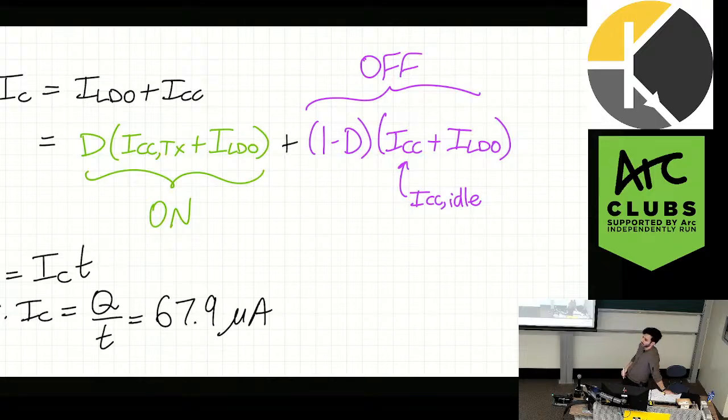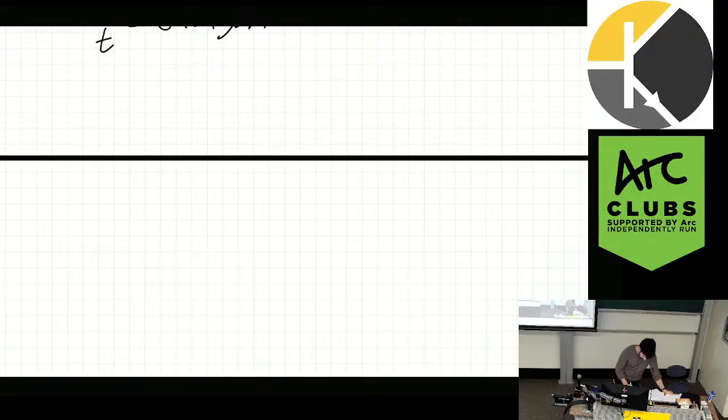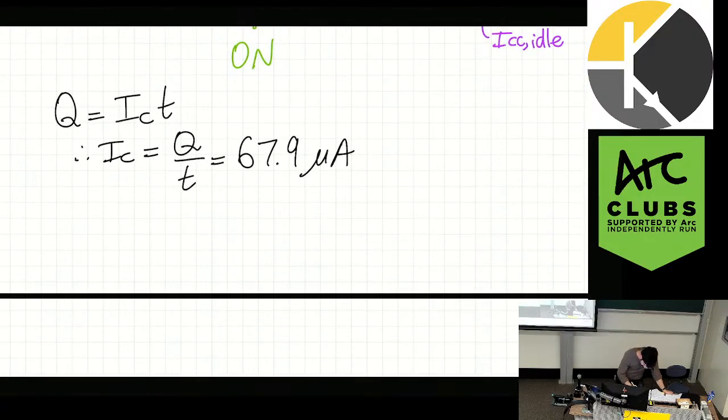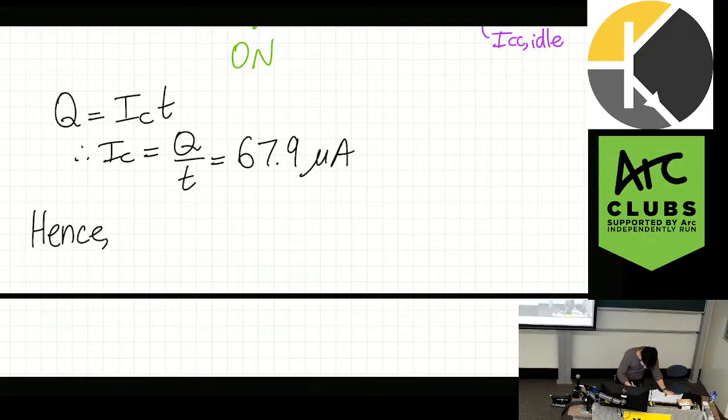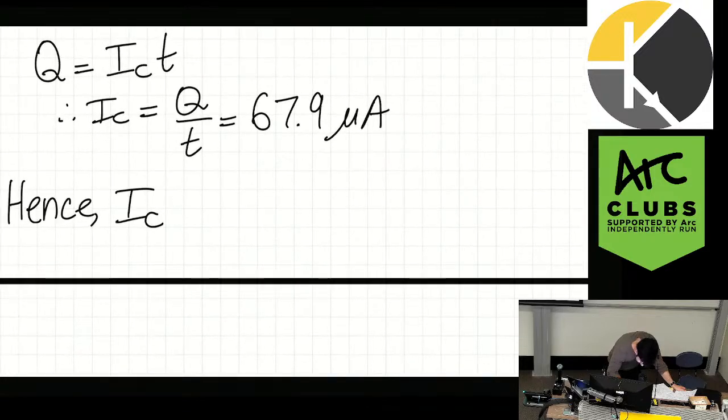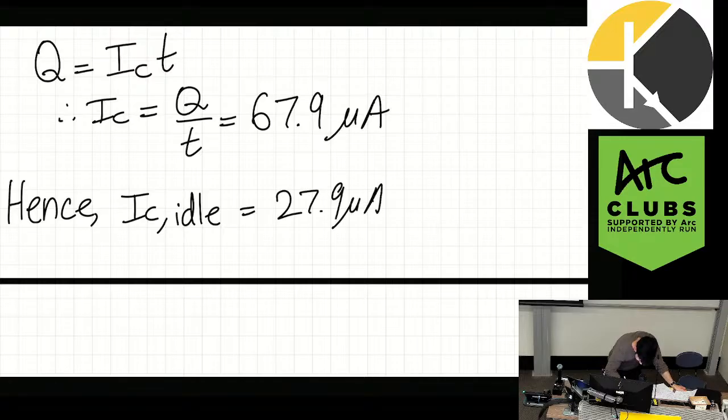So can I just rearrange this equation to find ICC idle? Yeah, I can. And I just calculated what IC should be. So you rearrange the two equations, and you get hence ICC idle equals 27.9 microamps in the worst case. And that's what we get.